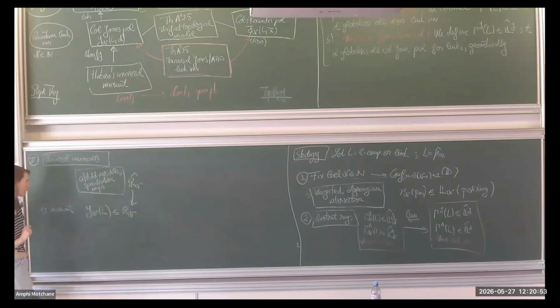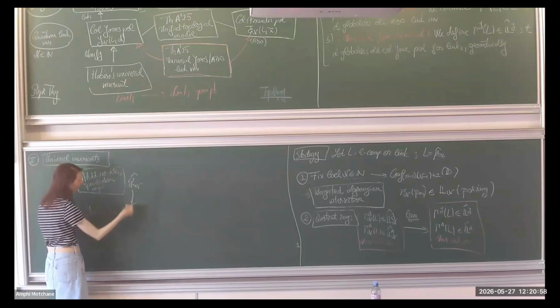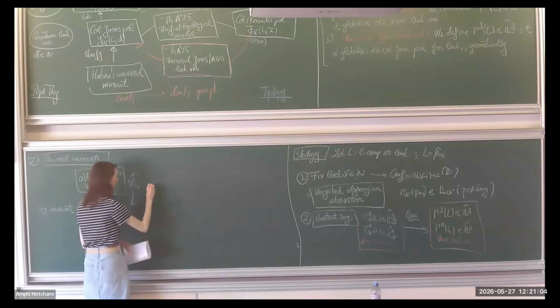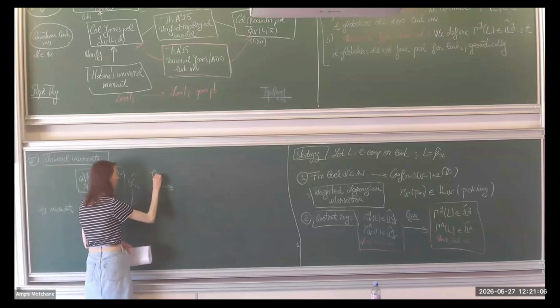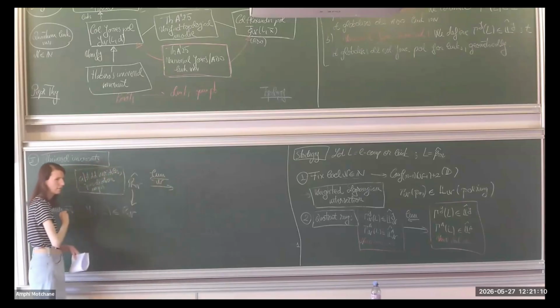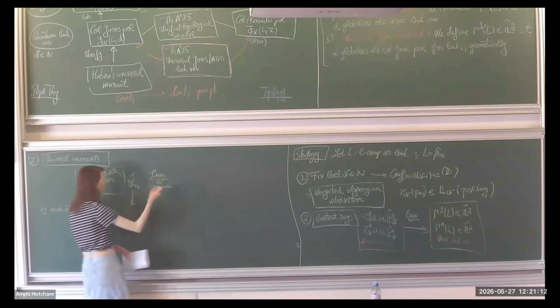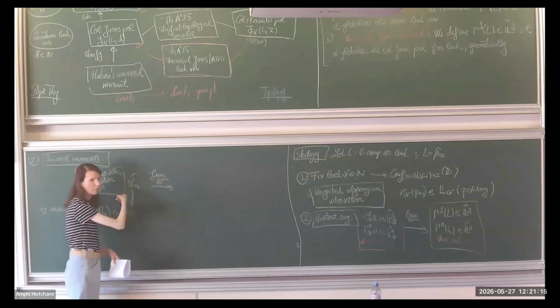And now the second part is, I have to do this in a coherent way such that I can take a limit. The second part is to go to the limit and consider the projective limit of these rings over all n, such that they give me a limit ring.